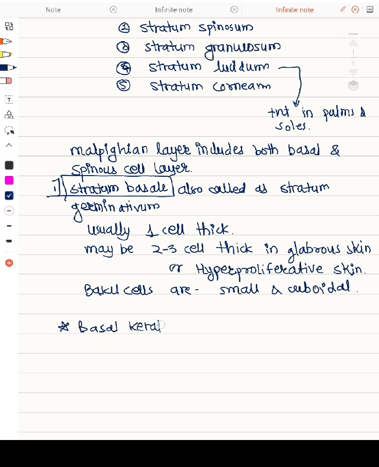Basal keratinocytes attach themselves to the basement membrane zone at hemidesmosomes via keratin intermediate filaments K5 and K14.